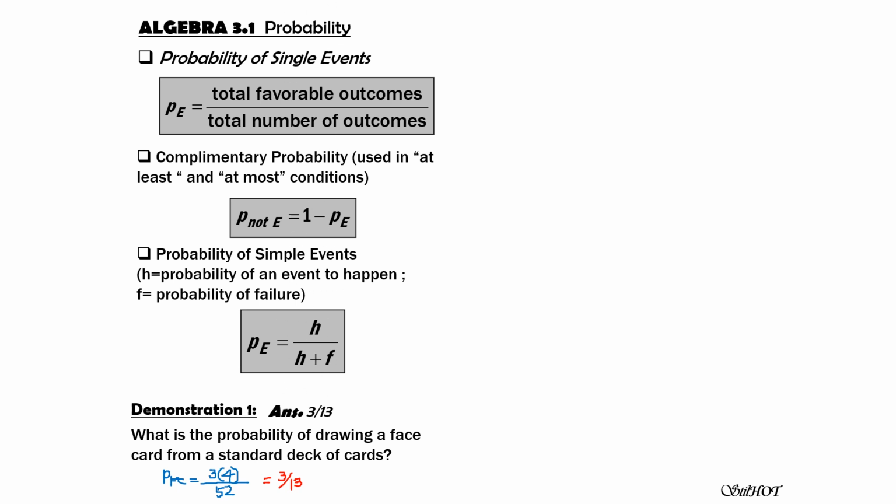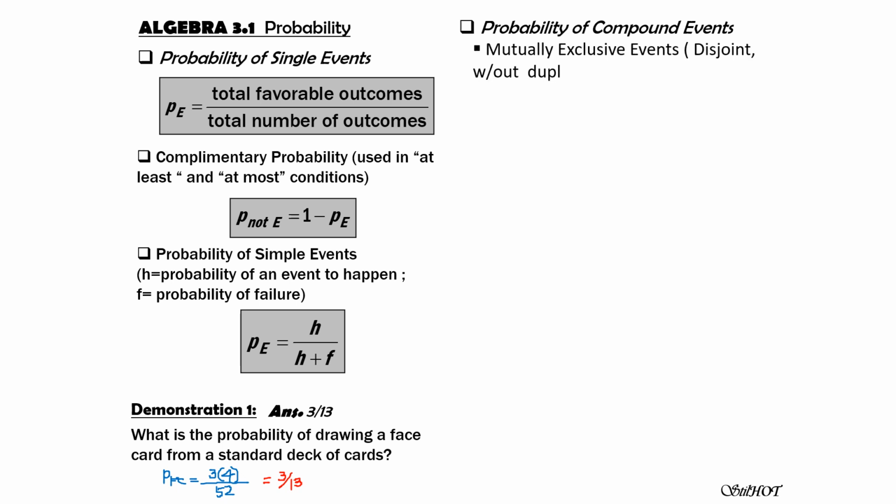Then we have probability of compound events. We have mutually exclusive events. We call these disjoint, without duplication and without common outcome. So that's mutually exclusive events.